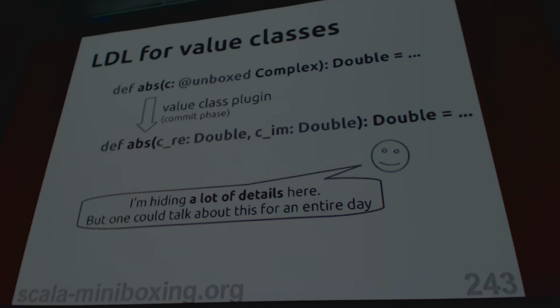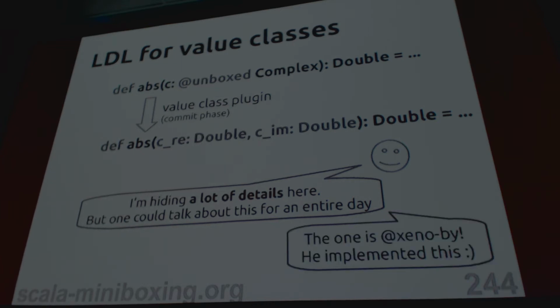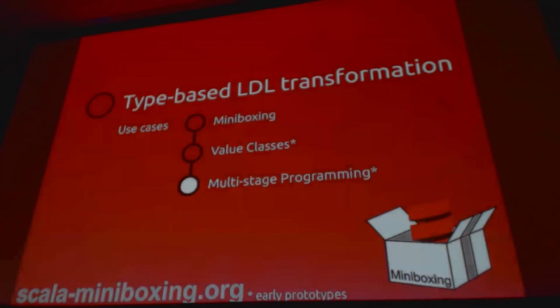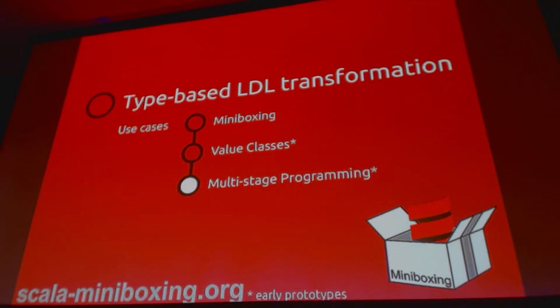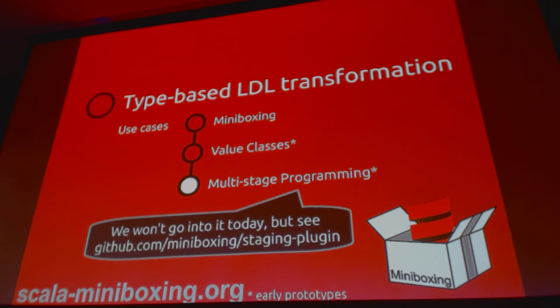And after 2 weeks, a week and a half, it took him to implement value classes using this translation, he was loving it. I'll let him talk about it. I have to thank him for doing that. He knows all the details, much better than I do. Okay, multi-stage programming, another use case. Well, we won't go into this today because it's, again, too much.